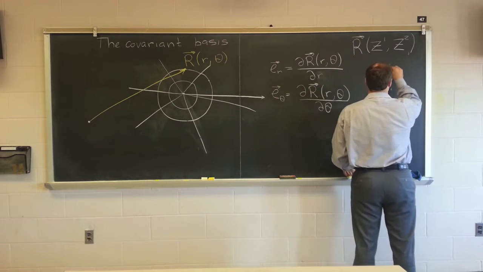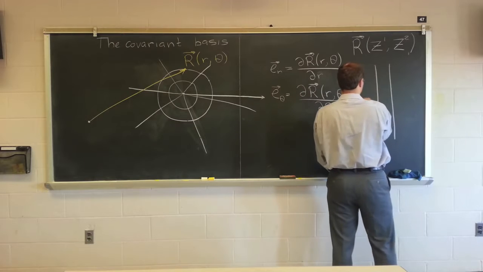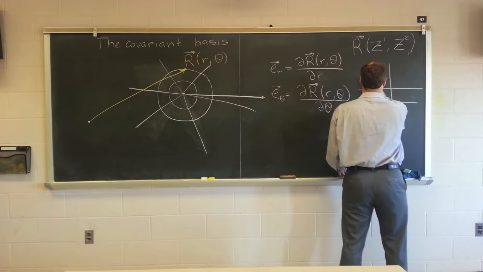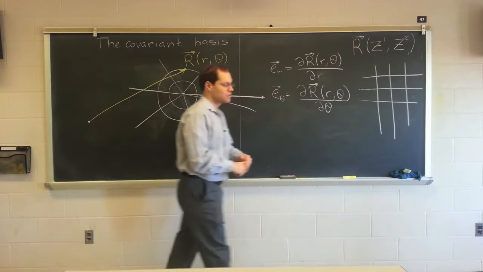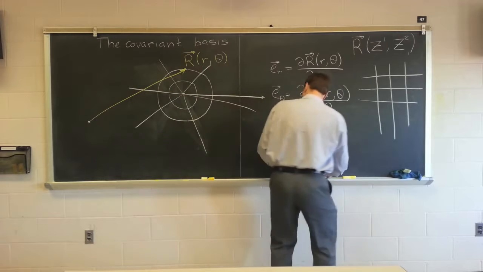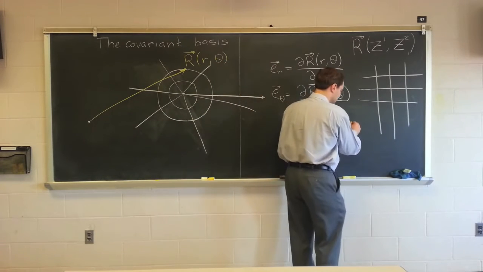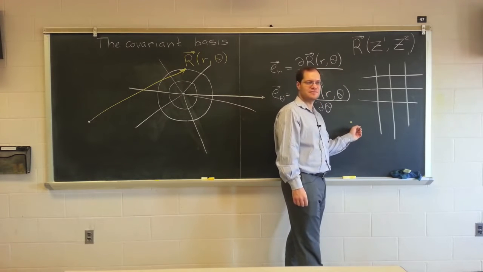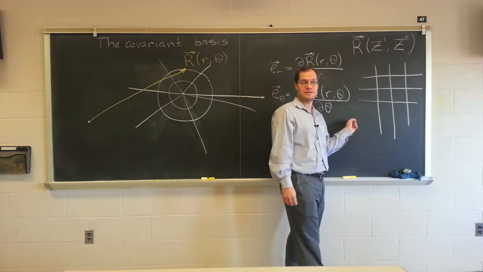I won't even draw the position vector itself because it doesn't matter where the arbitrary origin is, because we'll be finding differences only. You'll see in a moment that where the origin is does not at all matter.